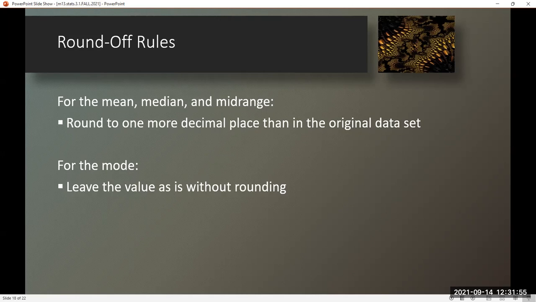For the mode, we leave the data value as is without rounding. We really just report the mode. So the mean, the median, and the mid-range, one more decimal place than the data values. The mode, there's no real calculation, so there's no real rounding. You just tell us all what you found.